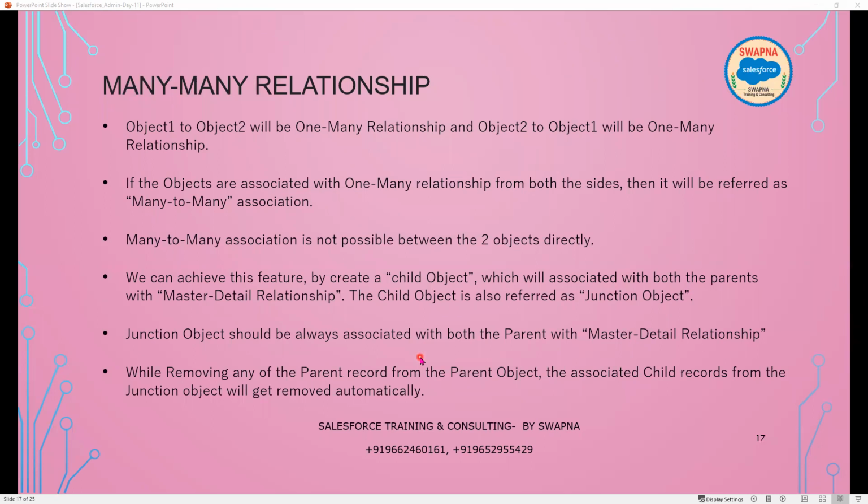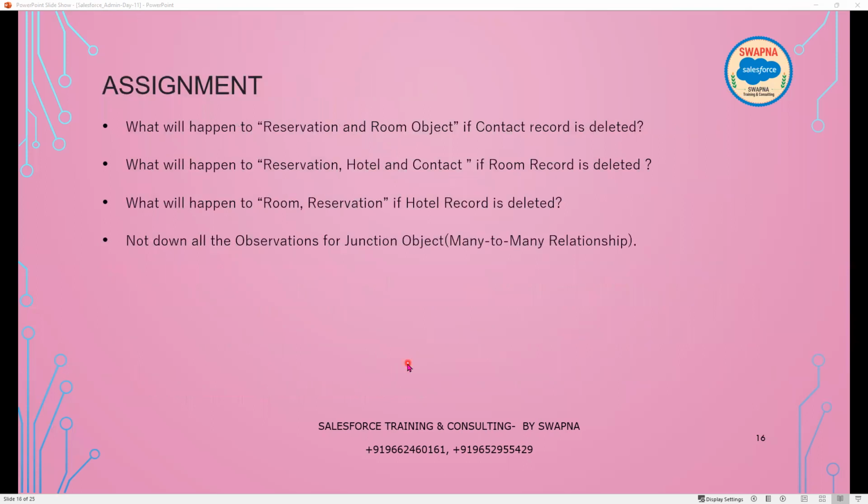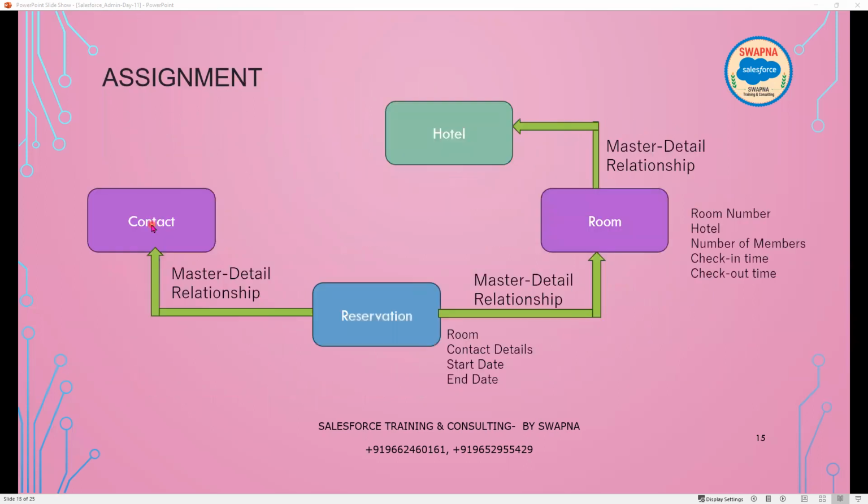Let's go to the previous scenario. I'm deleting the contact record in the parent. When I delete a contact record in the parent, the child record should be automatically removed, right? When it removes this one, does it remove this one, or does it really remove the reservation or not?